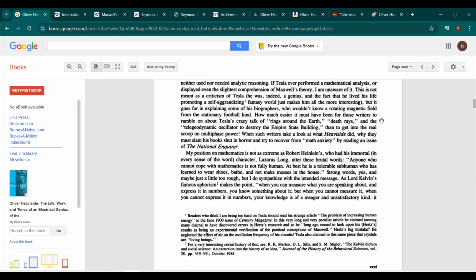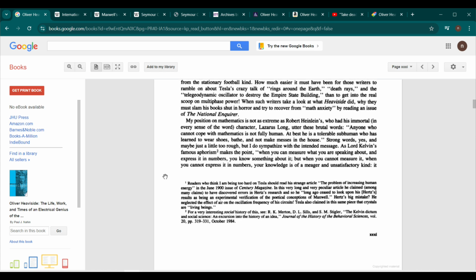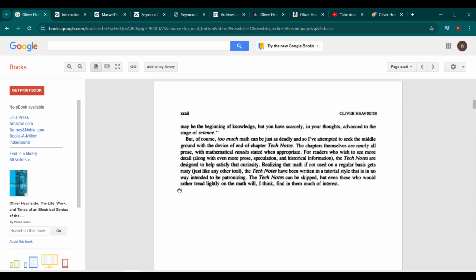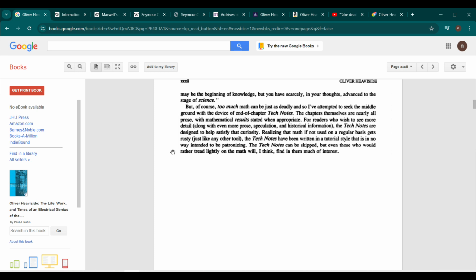How much easier it must have been for those writers to ramble on about Tesla's crazy talk of rings around the Earth. Yeah, so something more subtle with just equations and Heaviside is a lot harder to sell as a book when you're competing against someone writing a book like H.G. Wells, or something more simplified in terms of science or science fiction, like rays or space travel and that sort of thing.